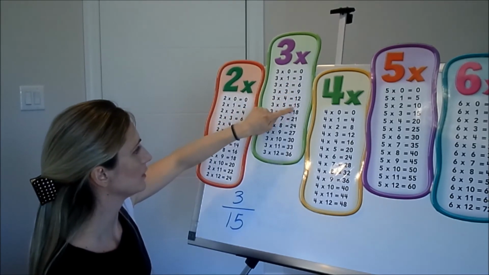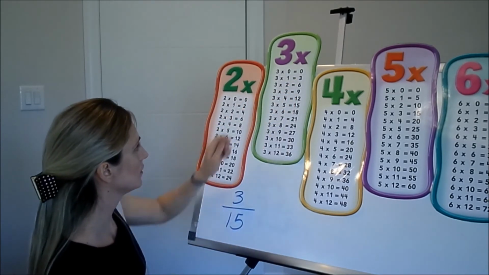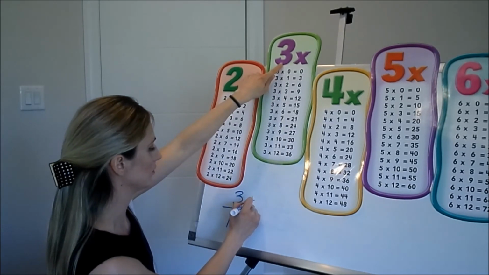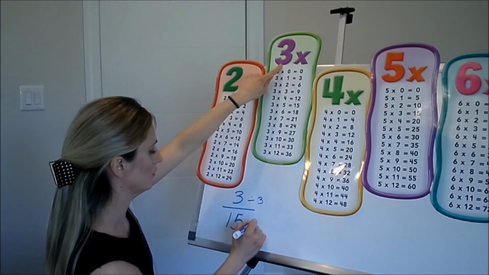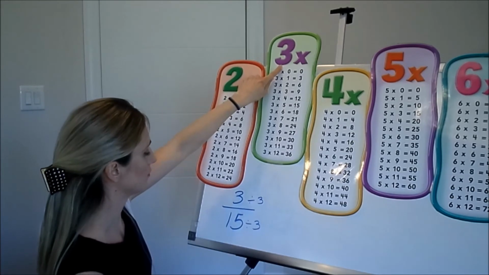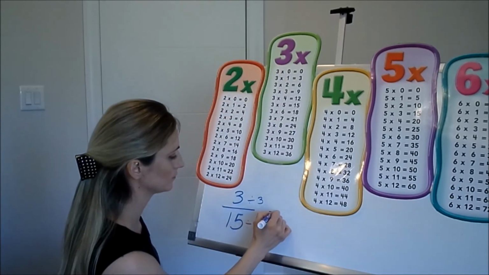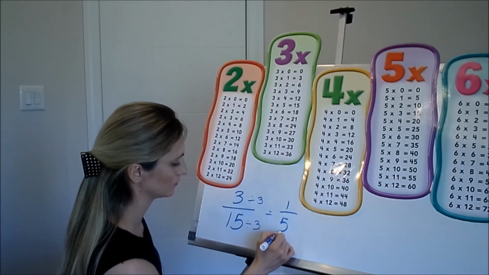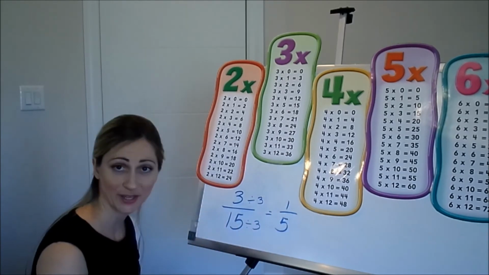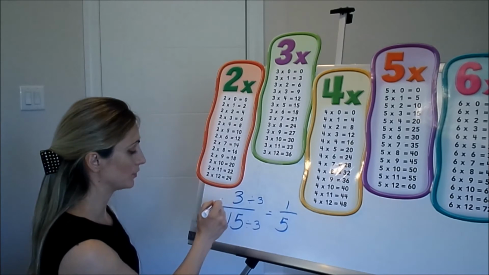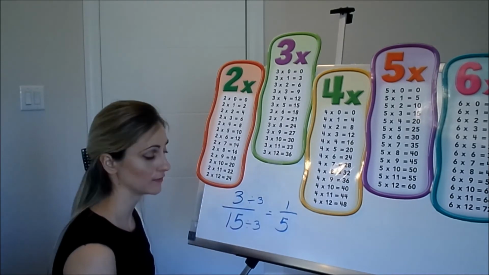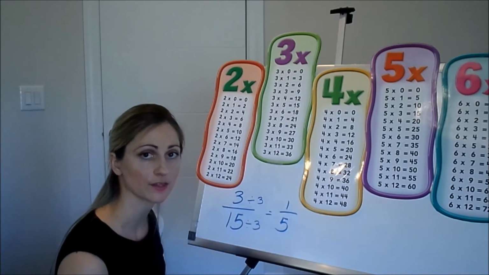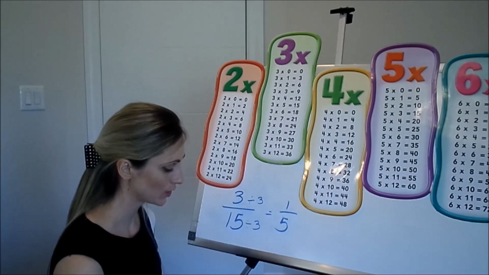I found a 3 and I found a 15 on this train, so I'm going to divide both by 3. Did you get 1/5? 3/15 divided by 3 equals 1/5. That's your answer.